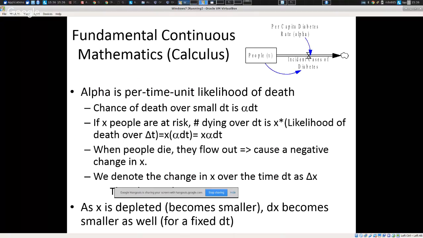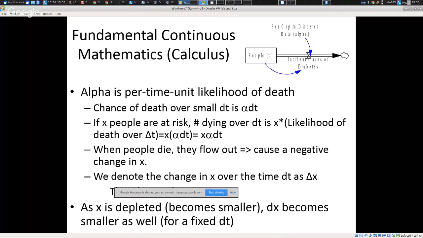If I have a chance per year of dying of 0.01, the chance that I'm going to die in the next 0.001 years is 0.01, my chance per year of dying, times 0.001, the amount of time over which it's applied.